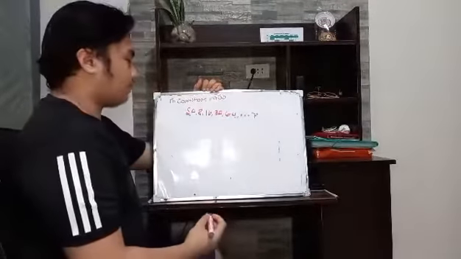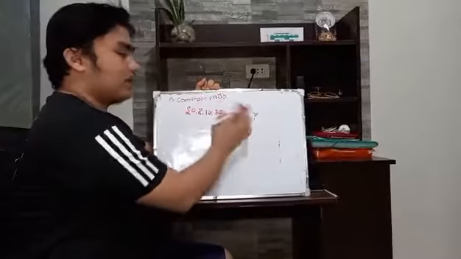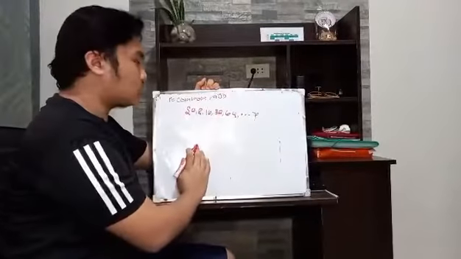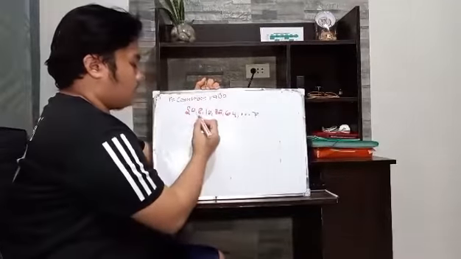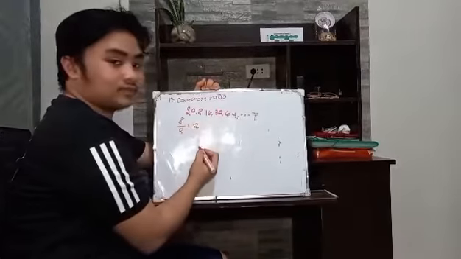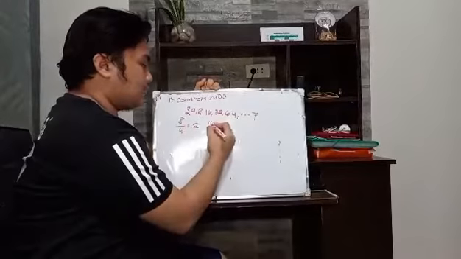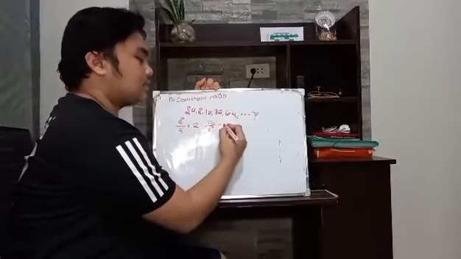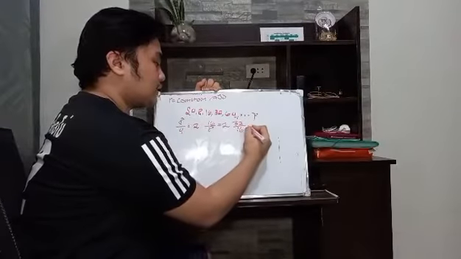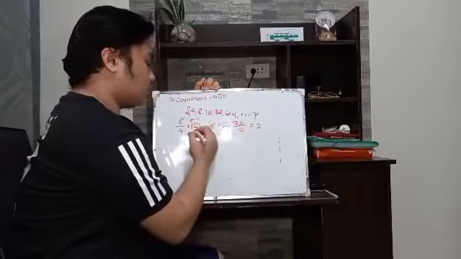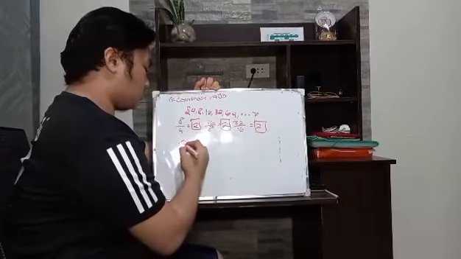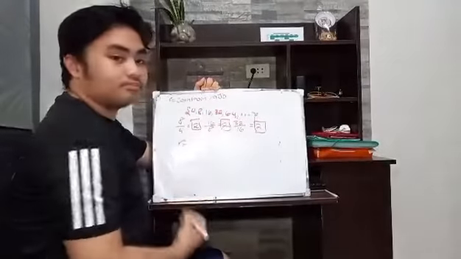To find the common ratio, we need to divide the next term by the previous term. So 8 divided by 4 is 2. 16 divided by 8 is still 2. 32 divided by 16 is 2. So therefore, in this sequence, our common ratio is 2.